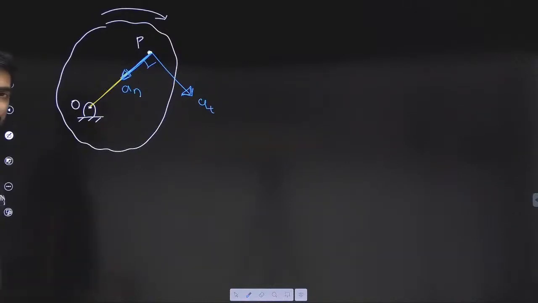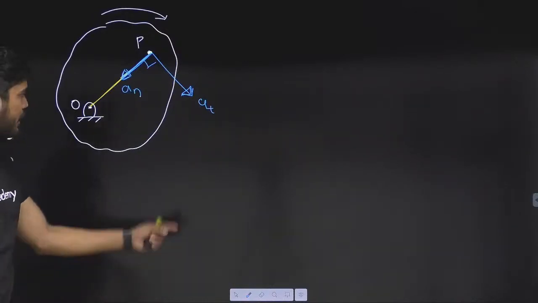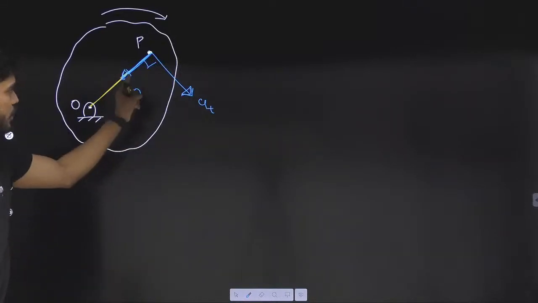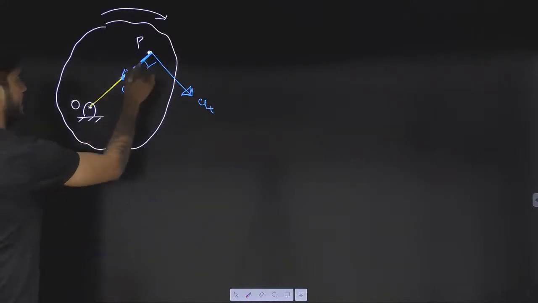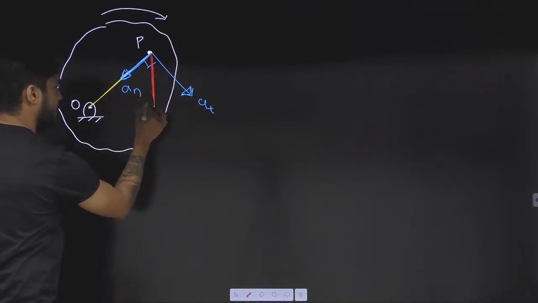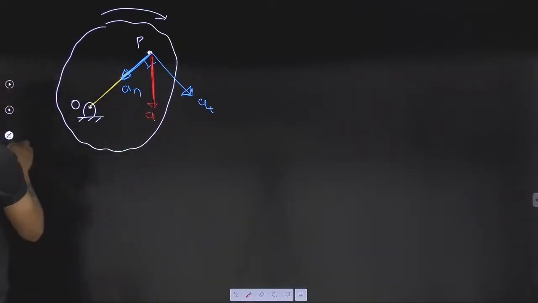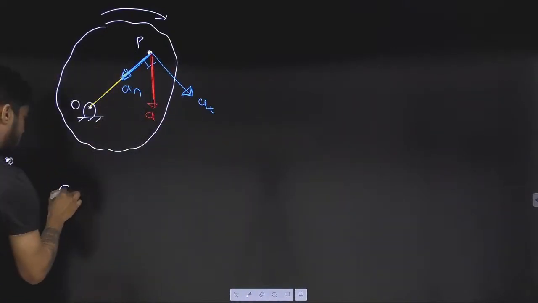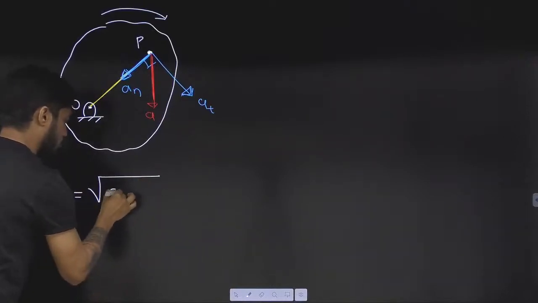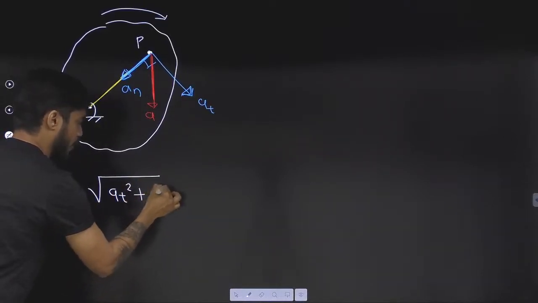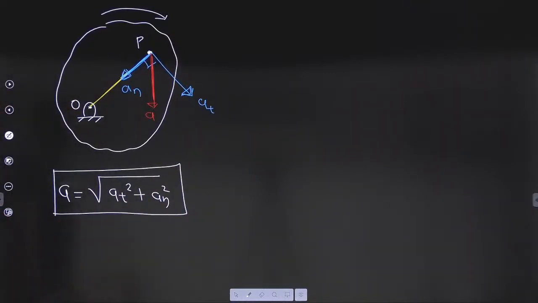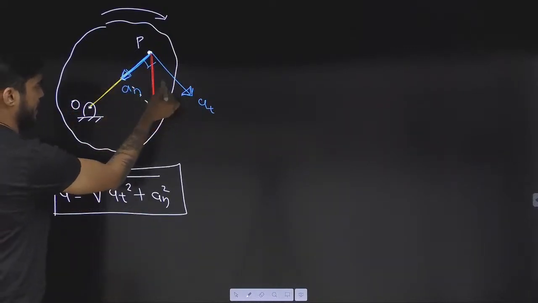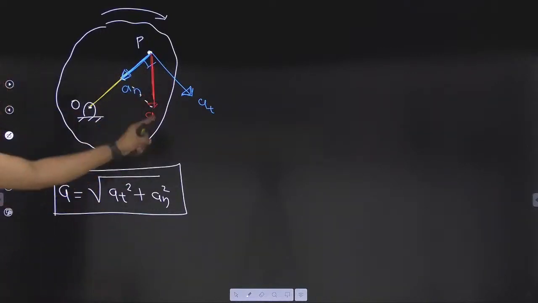Now beta, there will be a resultant of at and an. Let's say that resultant is a. So a is the resultant of at and an. So a will be equal to root over at square plus an square. And from this triangle you can also find the direction of this acceleration.